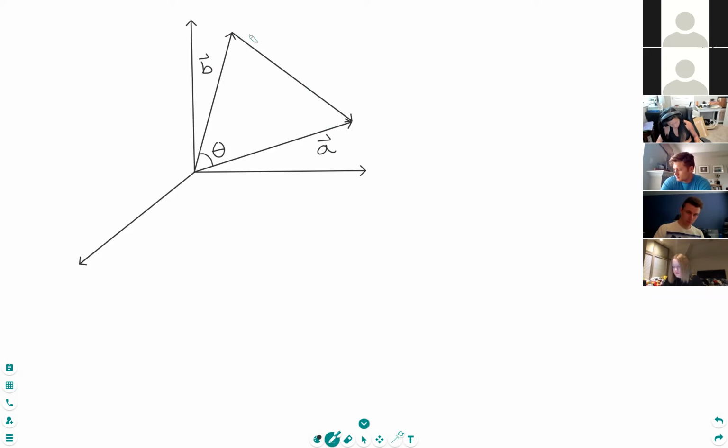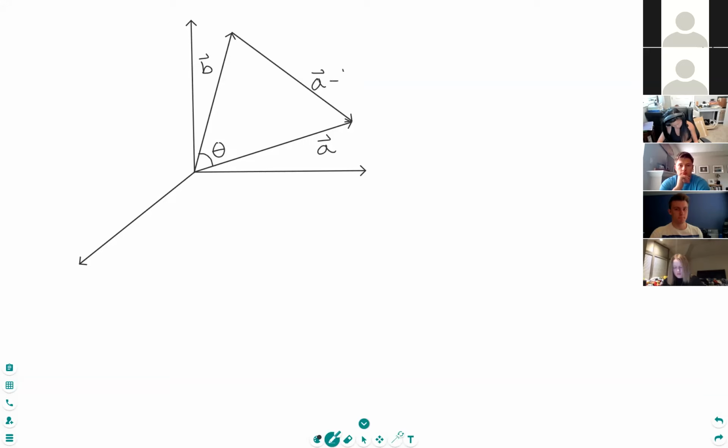So first off, let's talk about what this line represents right here. What is this vector? Well, we talked about the parallelogram law last time, and how the parallelogram law is when we added these two vectors, the sum was from them end to end. Well, we can write this guy here as the difference.